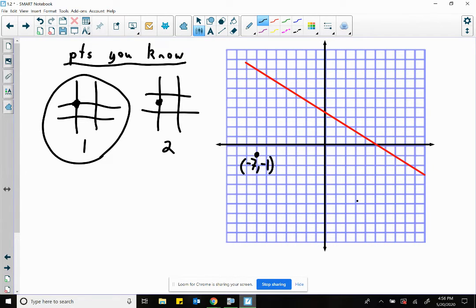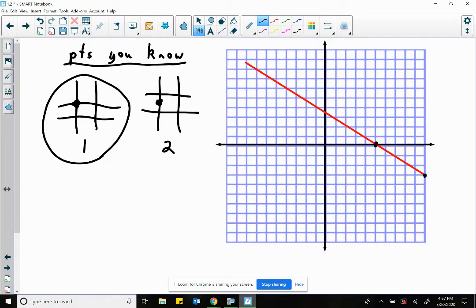So when we deal with graphs, I always ask you to find points that you know. And when you deal with this in your assignment, they're going to give you points that you know. So if we look at this graph, let me highlight some things that we know. We know this point right here. We know this point that is right here.